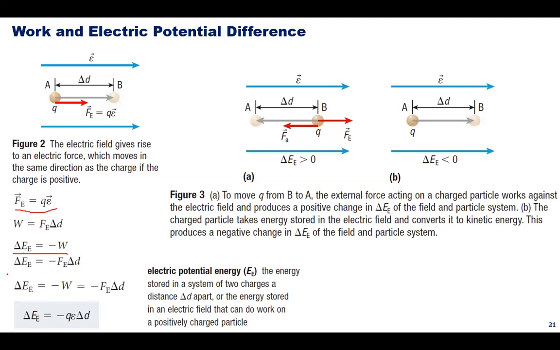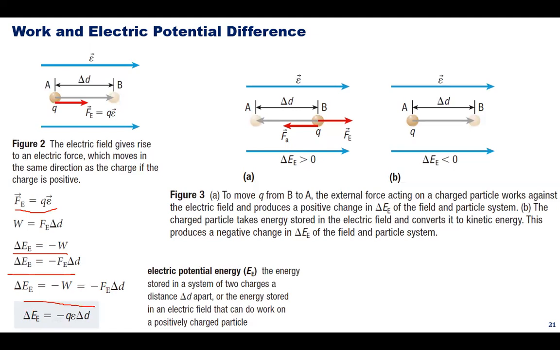Which is negative Fe times delta D. Combining this equation with the equation relating force to the electric field, the change in electric potential energy when the charged particle moves from A to B in figure 2 is expressed as follows. Delta E is negative W, which is negative Fe delta D. On the other hand, we know Fe is Q epsilon, right?